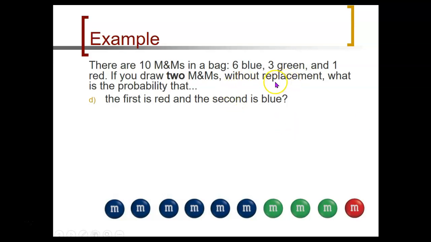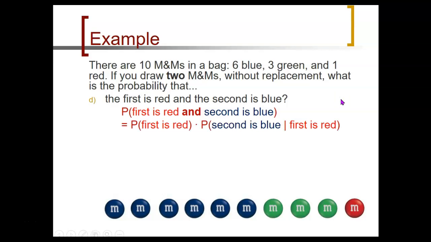Now we're back to drawing two M&Ms without replacement. What's the probability that the first is red and the second is blue? So we're taking the probability that the first is red times the probability that the second is blue if the first is red. Probability that the first is red would be 1 over 10.